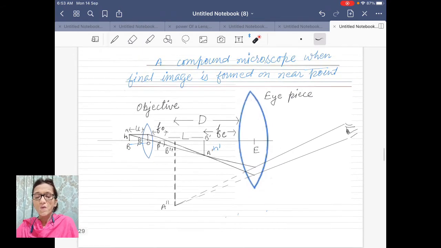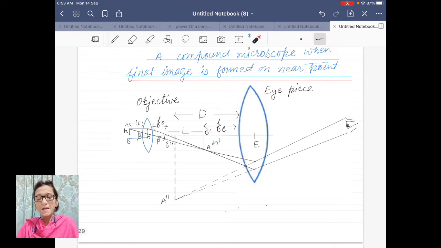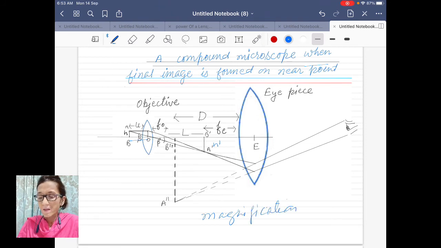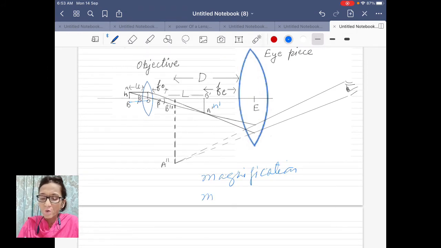Now we need to find the magnification obtained using a compound microscope. So we know that magnification using multiple lenses is equal to the product of the magnification produced by the lenses. So net magnification will be equal to magnification produced by the first lens into magnification produced by the second lens.